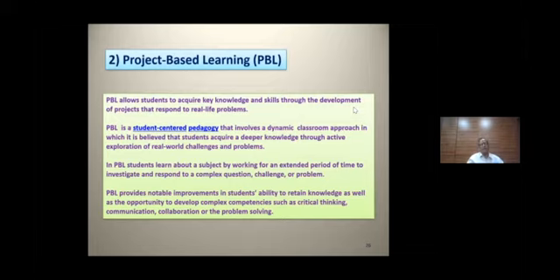The second topic that I am going to discuss is project-based learning. In project-based learning, we make the student do certain projects depending on the requirement of the particular discipline. While carrying out the project, they acquire a certain amount of knowledge and skills that will be permanently retained by the students.